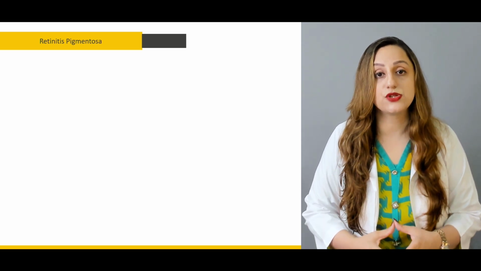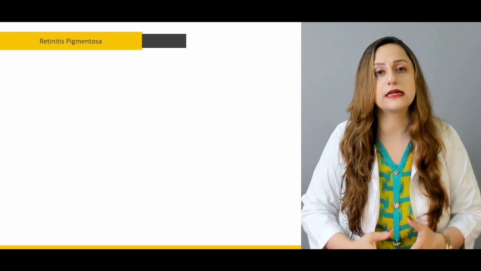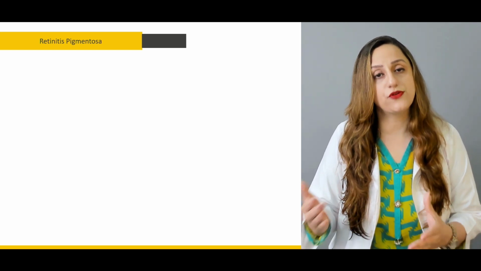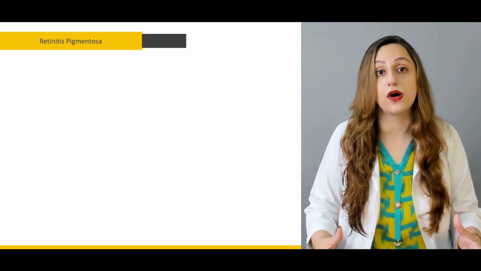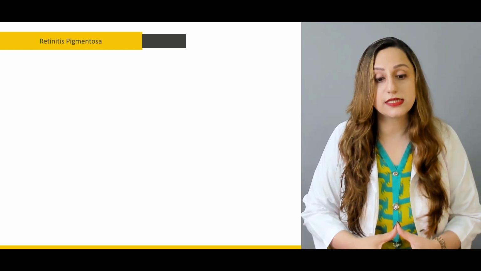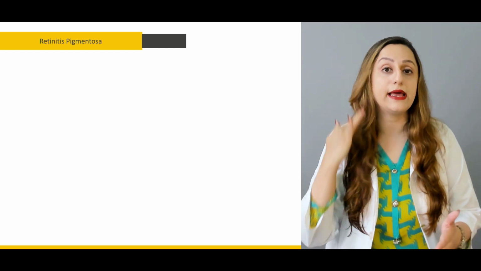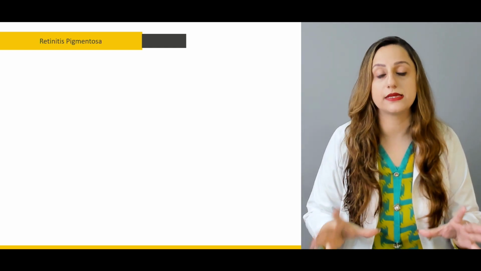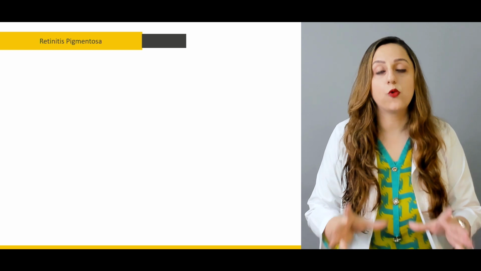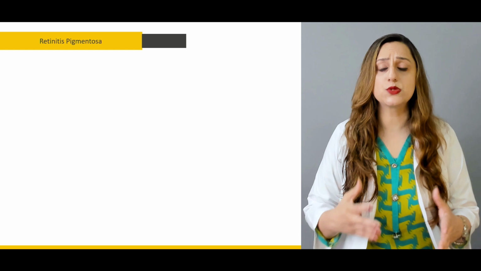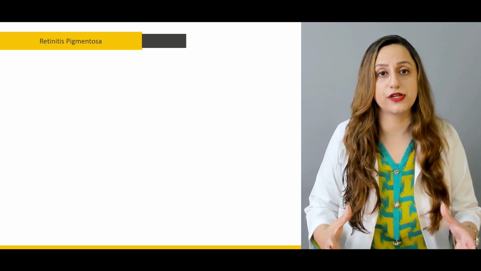When we say retinitis pigmentosa, it is basically a rare genetic inflammatory disorder of the retina in which there is a loss of cells in the retina, as well as a mottled appearance in the retina that is quite visible on ophthalmoscopy. Now, there is one very interesting fact here.